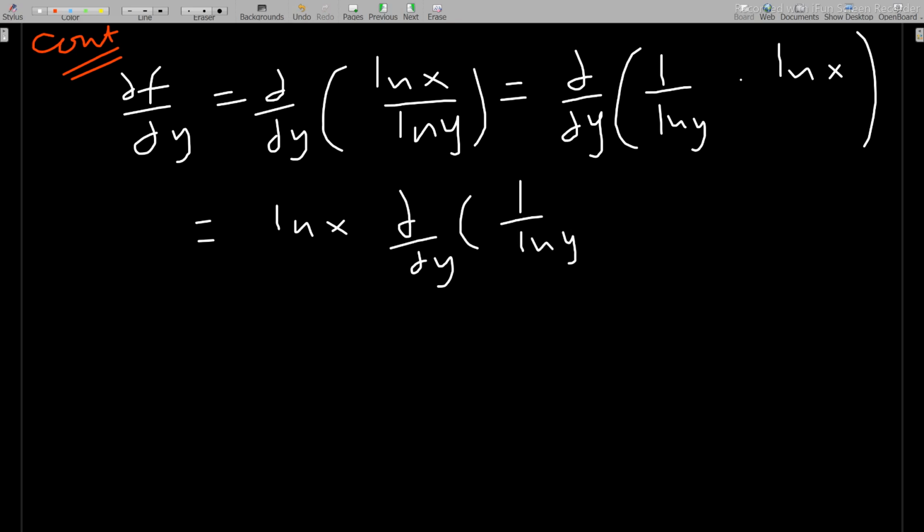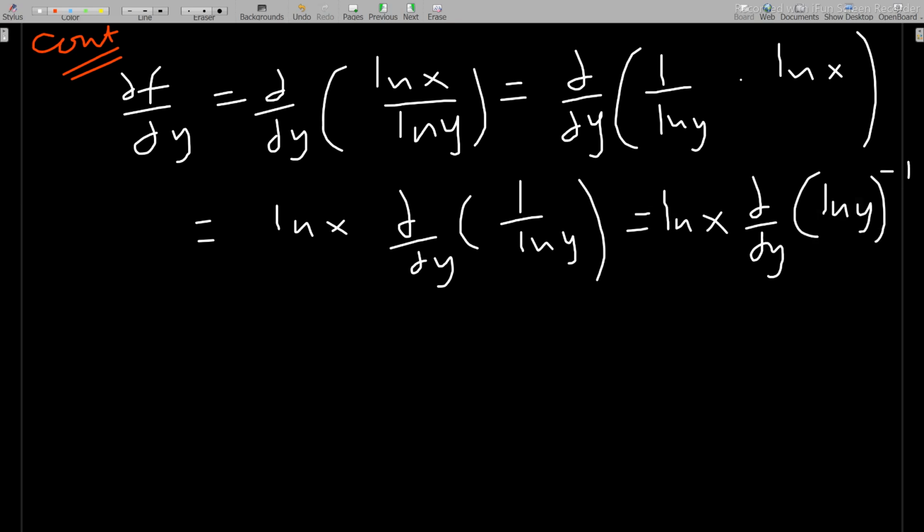The whole of this can be written as len of x times del y of len y all to the negative 1. So we're just differentiating len y all to the negative 1 with respect to y.